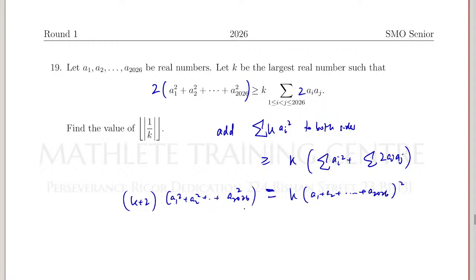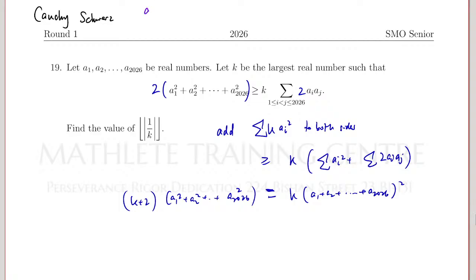But now here's a fact about these two numbers. There's this thing that we can use called the Cauchy-Schwarz inequality. Cauchy-Schwarz inequality says this thing. Actually, okay, let me state the full form first, and then I'll state the simplified form.